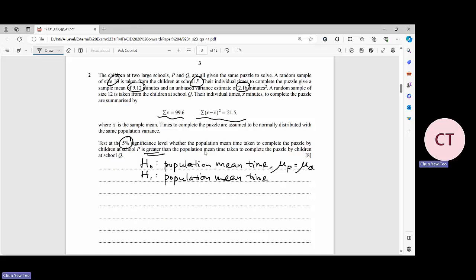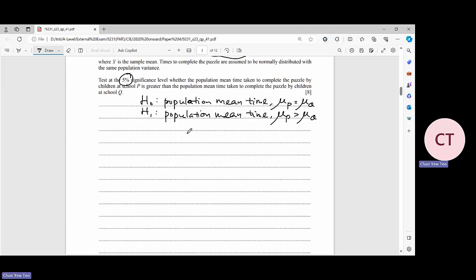Because they use the term greater, mu P will be greater than mu Q. So we just write like this, mu P greater than mu Q. This is our alternative hypothesis.